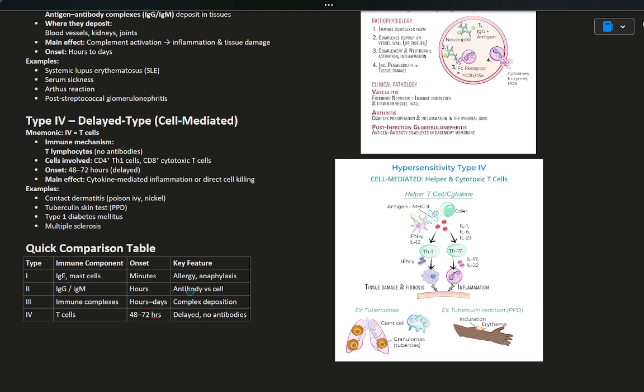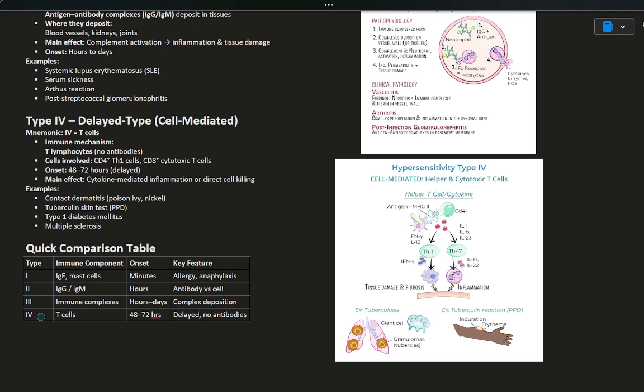The key feature of this is it is the antibody versus the cell. And a type 3 hypersensitivity reaction involves the deposition of immune complexes, and the onset can last from hours to days. At this time, it is the deposition of these complexes that distinguishes the type 3 from the type 2 hypersensitivity.